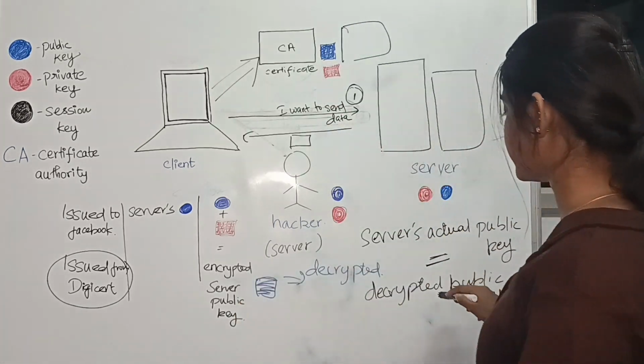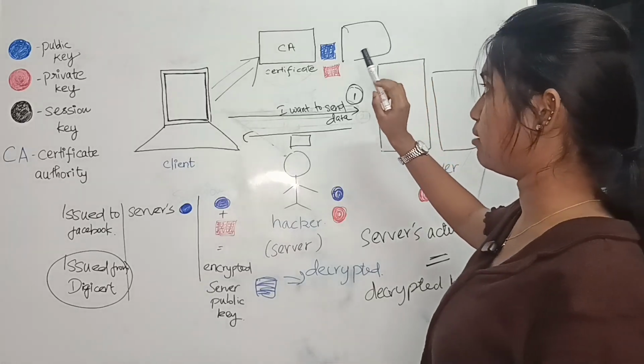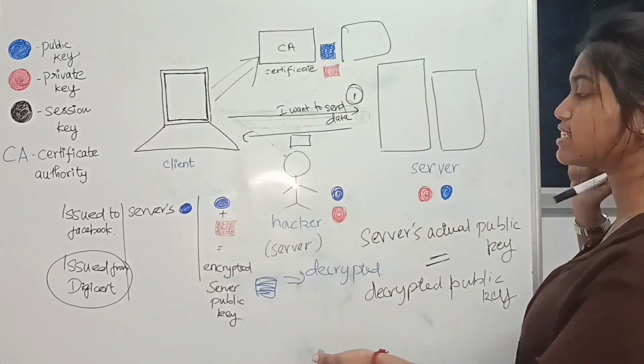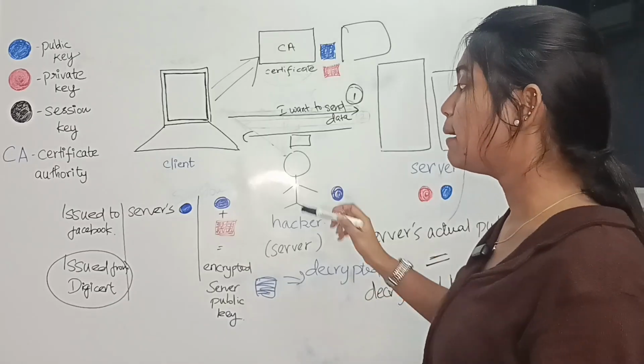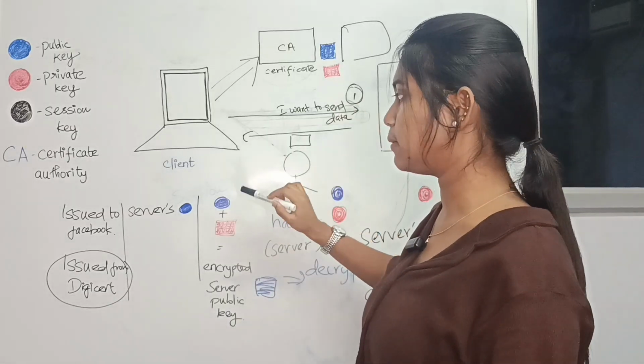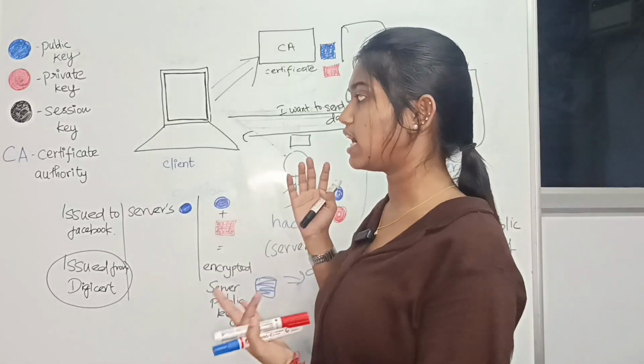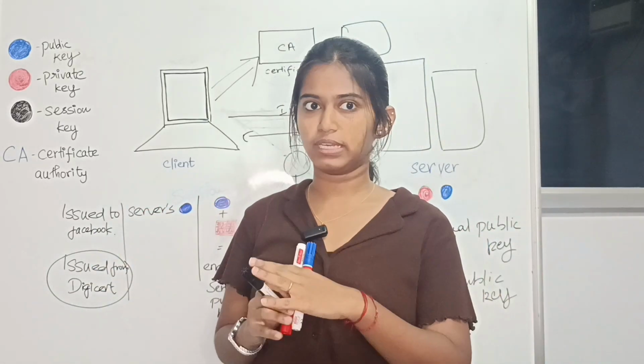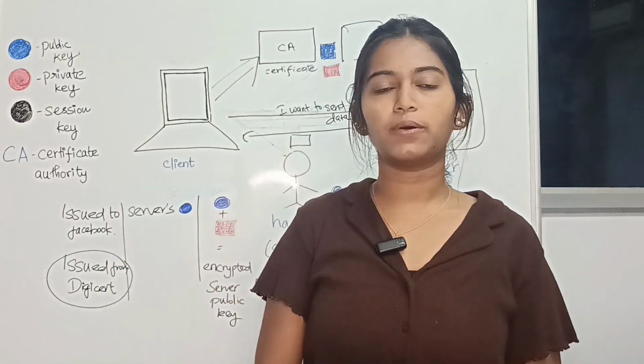How is the decryption done? Decryption is done with the help of the public key of the certificate authority. How is the encryption done? Encryption is done with the help of the private key of the certificate authority. This is how the TLS or SSL communication actually works. I hope you understood.